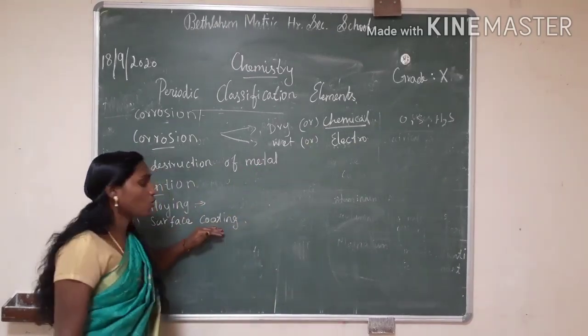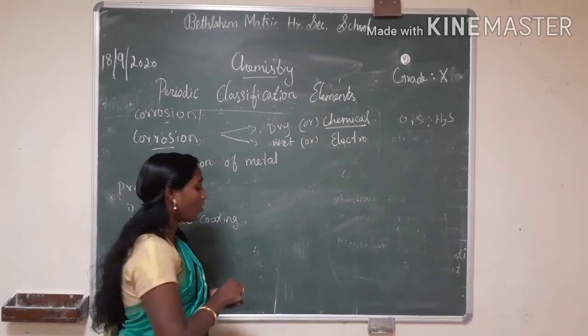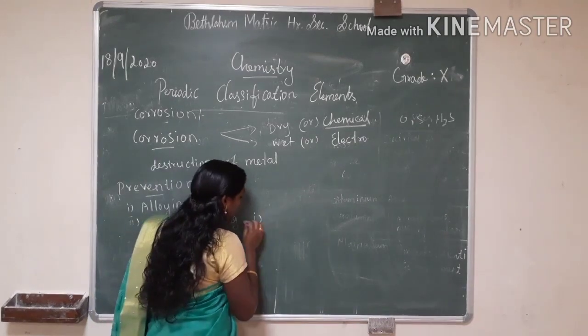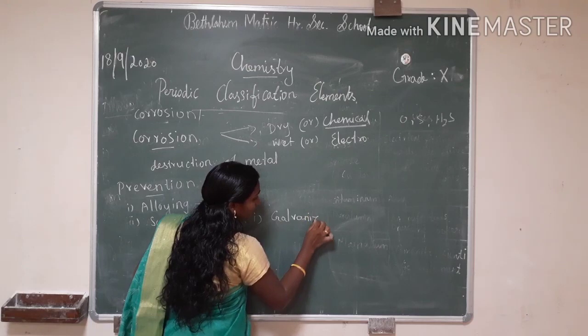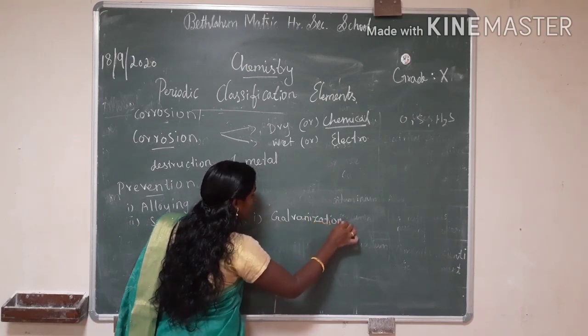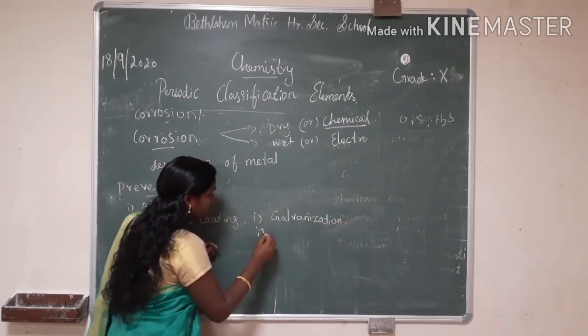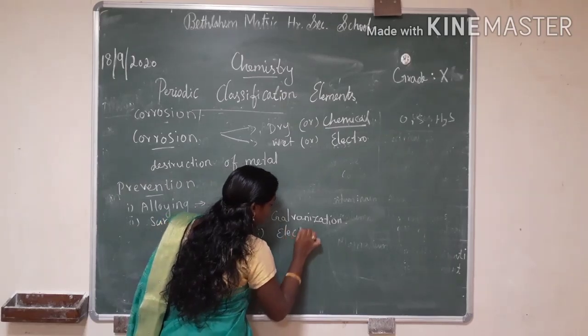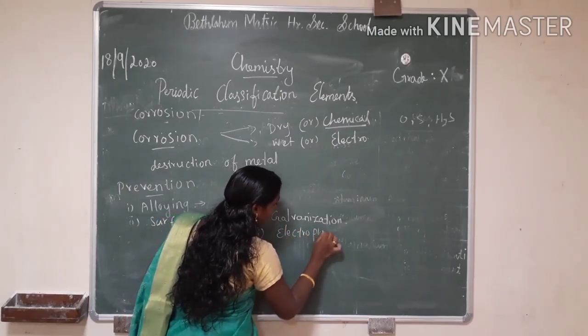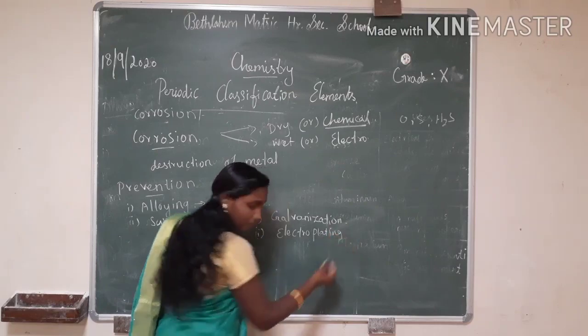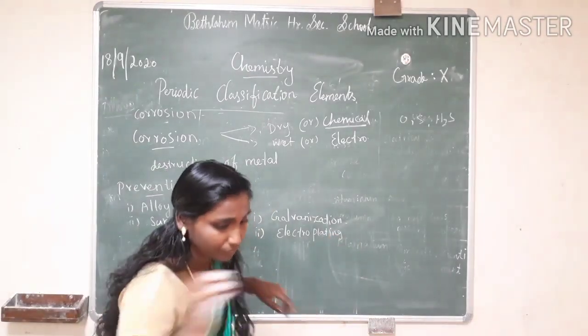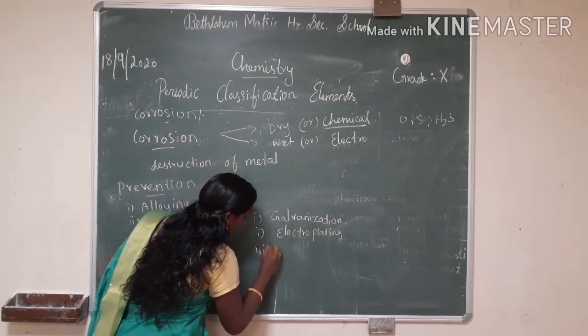Then surface coating. Here we follow four steps. First step is galvanization. Second step is electroplating. Third step is anodizing.